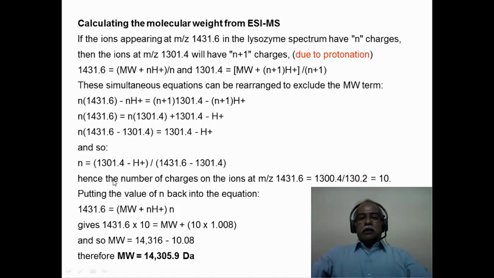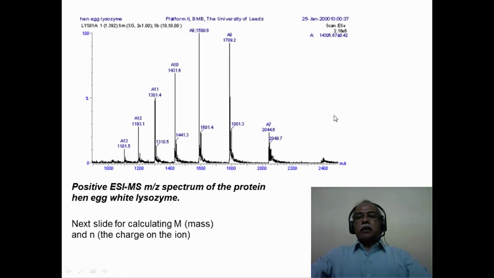So the number of charges on the ion at m by z of 1431 will be roughly 10. Putting the value back into this equation, 1431.6 is equal to the molecular weight plus 10 protons divided by 10. Solving for the molecular weight, one gets a molecular weight of 14,305. 14,305 is the expected molecular weight of this particular compound.